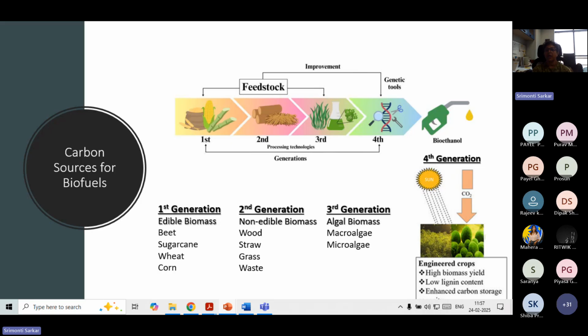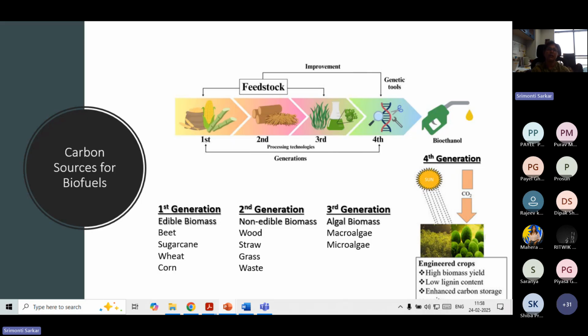Okay. Now comes the fourth generation of biomass production. So what is the fourth generation? This is where genetic tools come in for biomass production. Let's say you have a biomass, but you want that biomass to now grow more quickly. Whatever carbon source providing organism that you're growing, whether it's algae or plants, you bioengineer these so that they grow quickly.